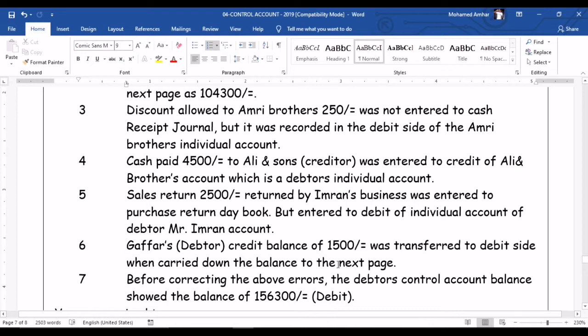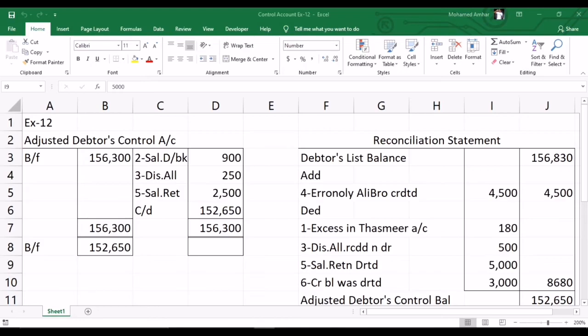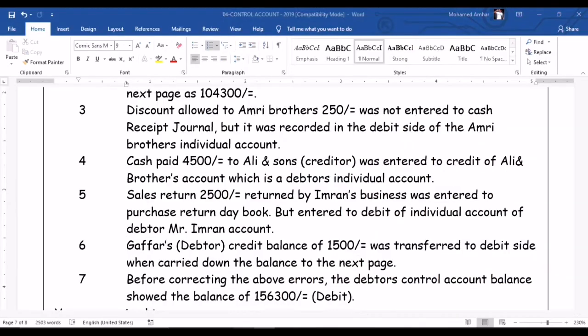Thereby his final balance will increase by 3,000, because the 1,500 credit is recorded in the debit side, so the error will double. So the particular debtor's individual account final balance will increase by 3,000. So you have to decrease 3,000 from the list balance total.